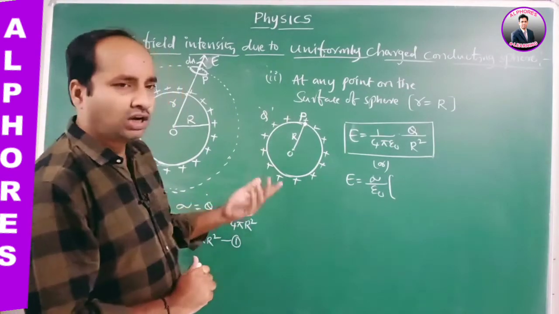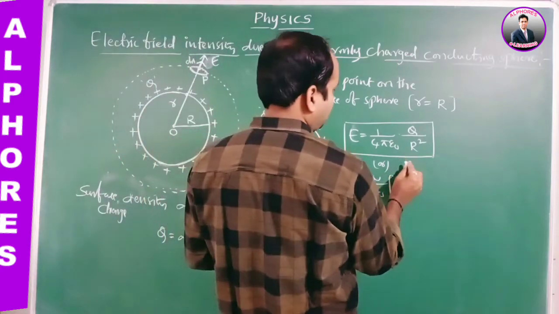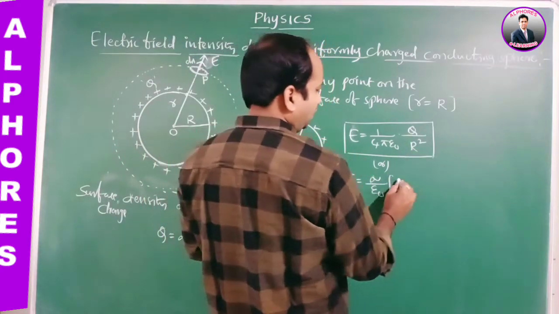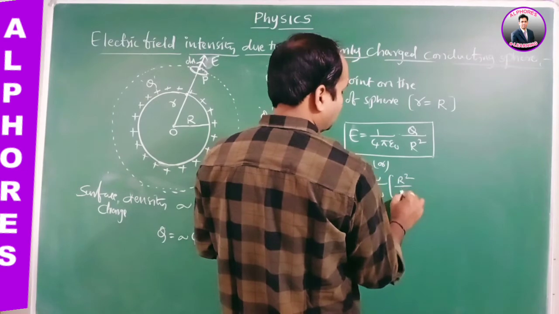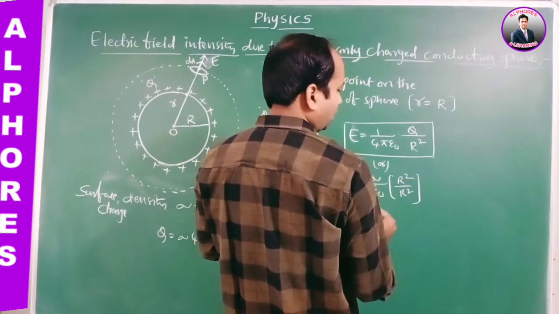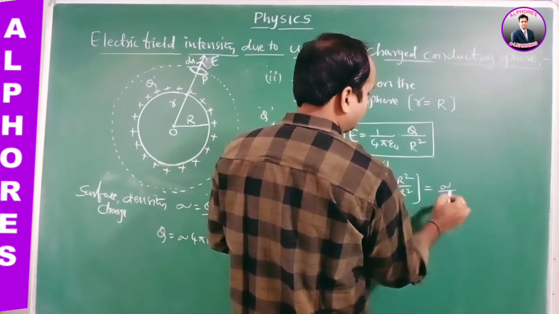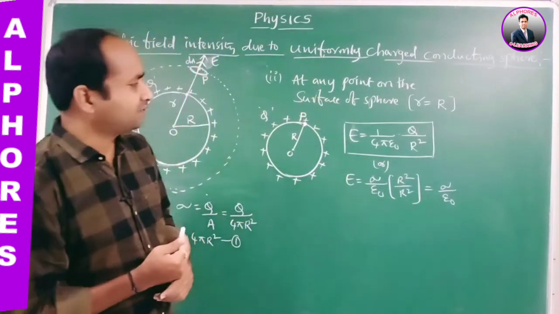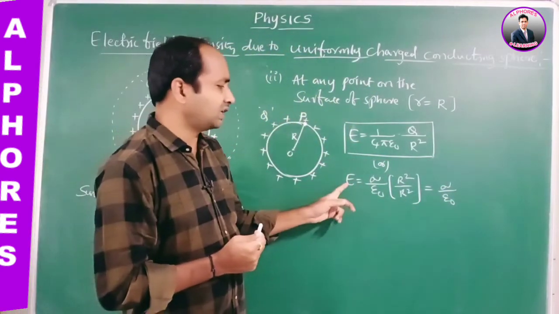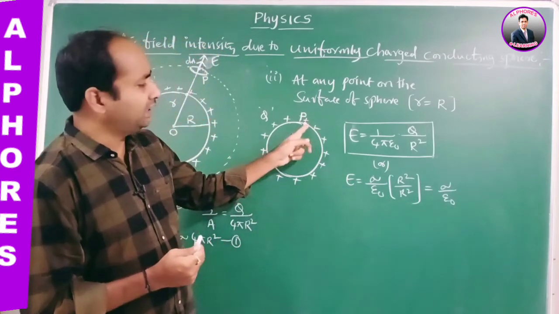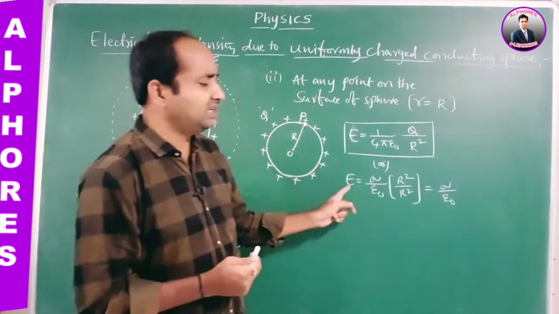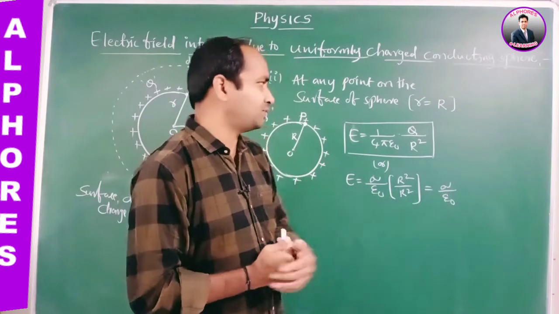Here small r is also capital R, so R square by R square, which equals sigma by epsilon naught. In terms of charge density, the electric field intensity at any point on the surface is E is equal to sigma by epsilon naught.